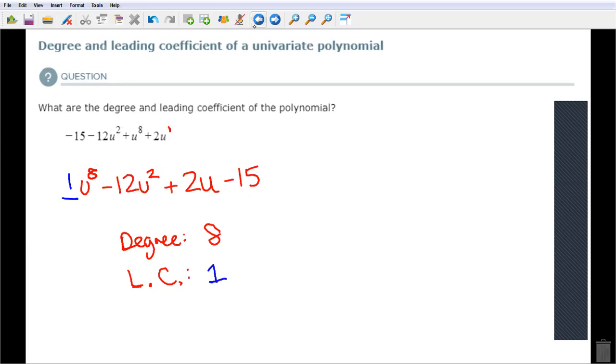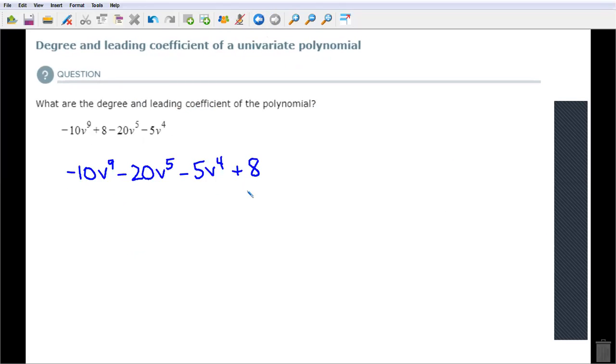Other times, like in our previous examples, you have to rewrite them in order for you to be able to figure out what the first term is. So taking a look at this last one here, our degree of this polynomial is going to be the first exponent here, which in this case is 9. And the lead coefficient for us here is going to be this number that's attached to it, -10.